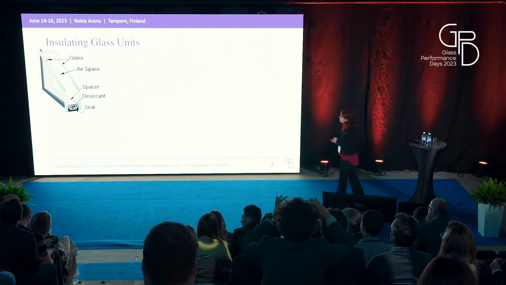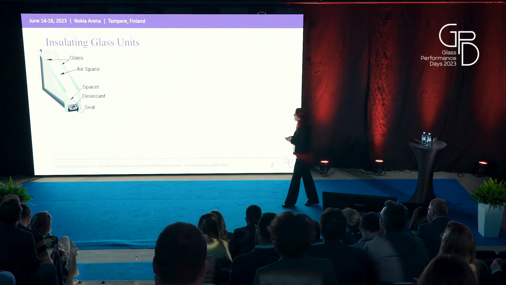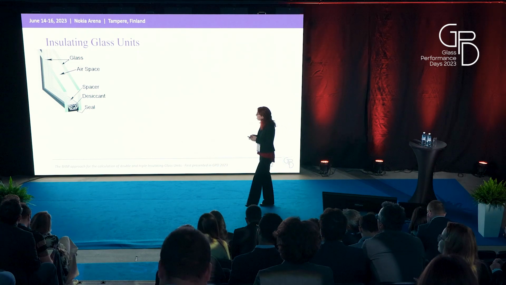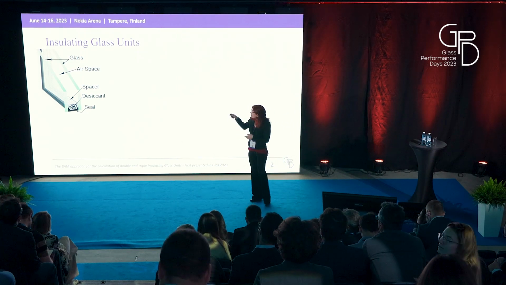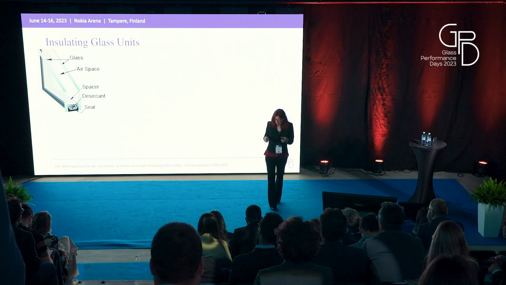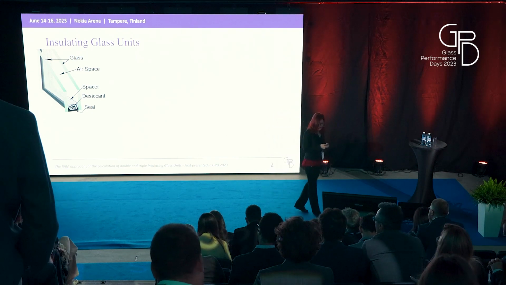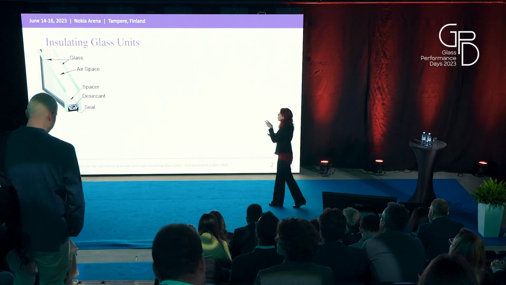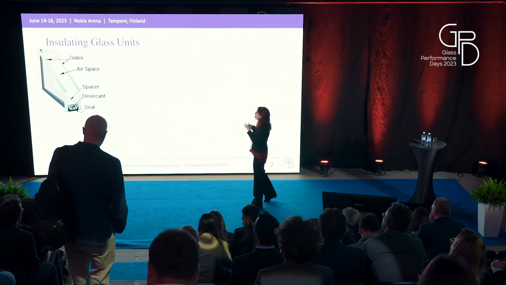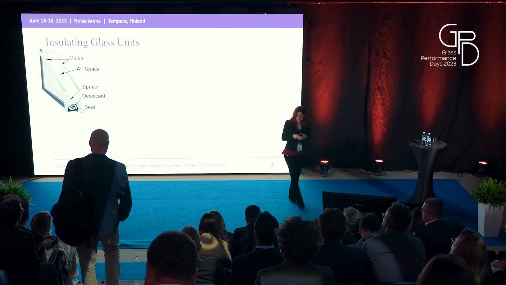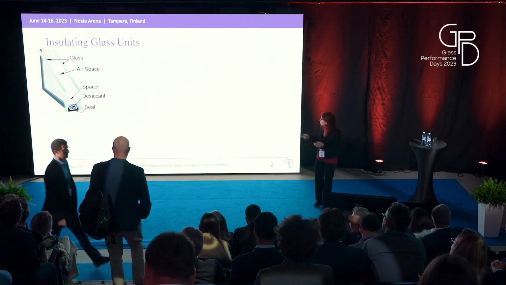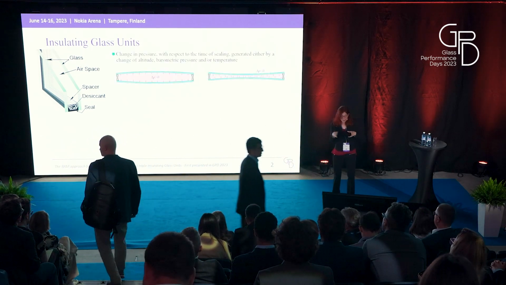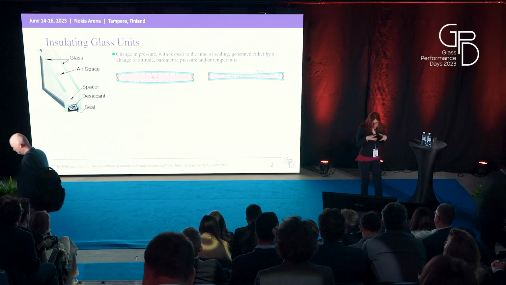Now, as is well known, insulating glass units are composed of two or more glass plies that are connected along their perimeters by means of an edge spacer bonded with structural edge seal. The resulting cavities are filled with air or gas to improve the thermal and acoustic insulation properties of the unit.